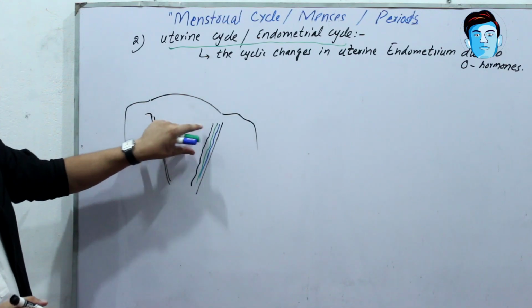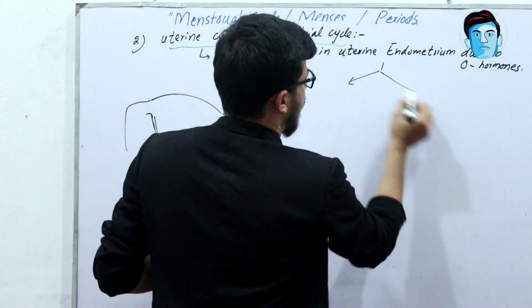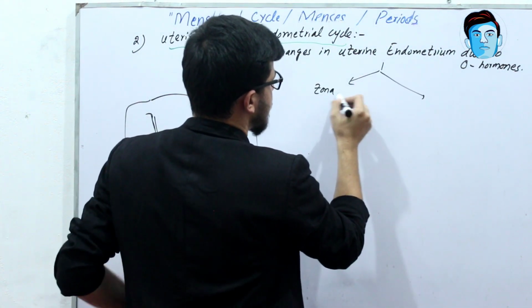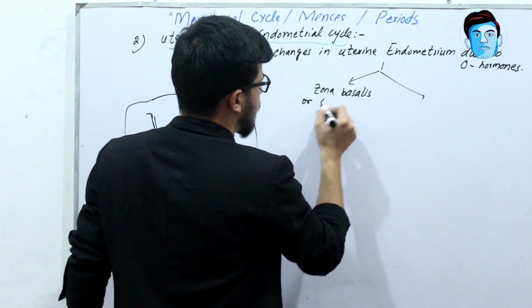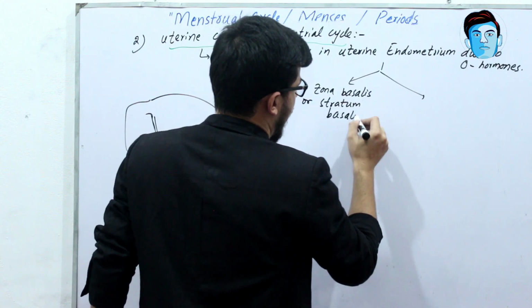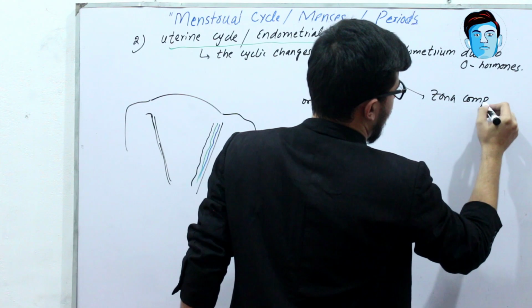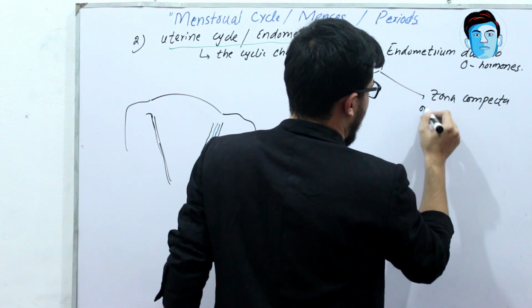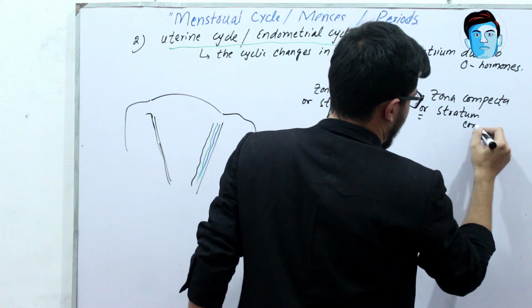The endometrium is divided into two layers further: zona basilis, which is also called stratum basilis, and the another layer is zona compacta, which is also called stratum compacta.